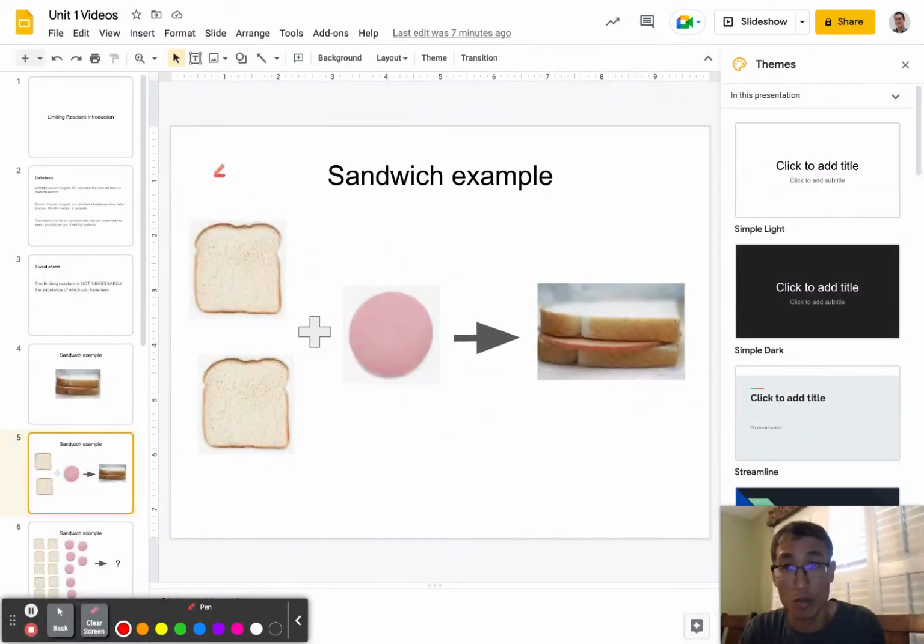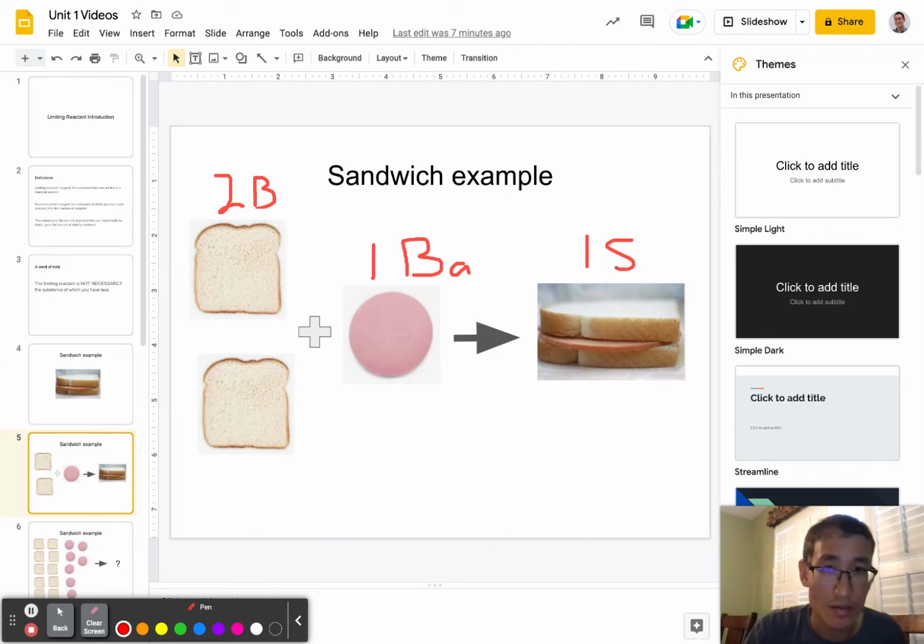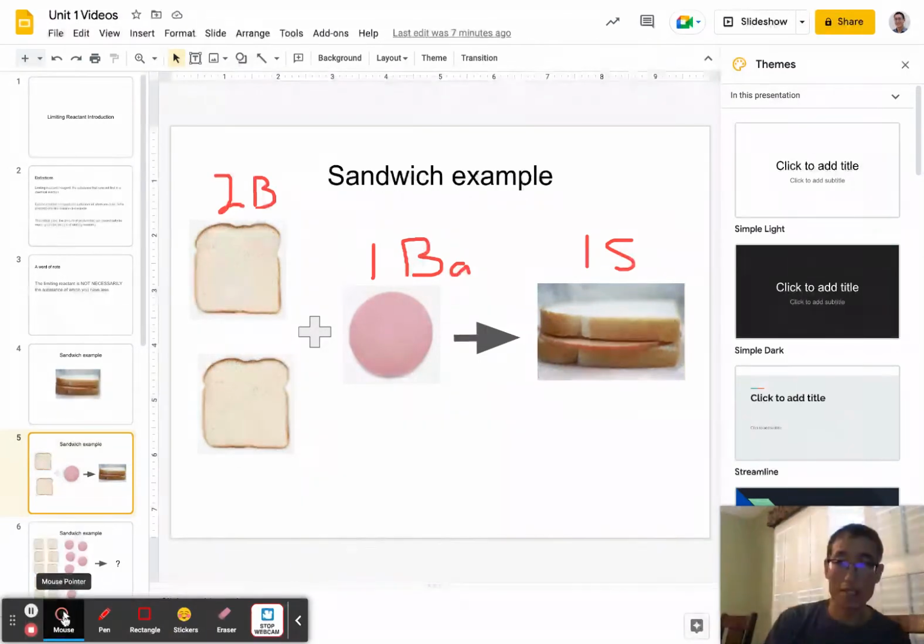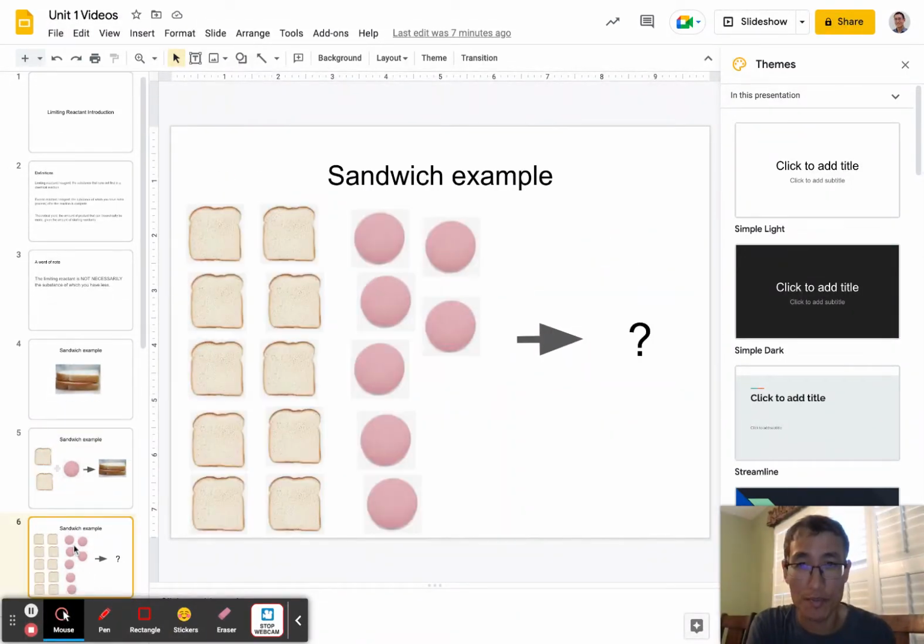So it's 2 B plus 1 BA, I'll put BA for bologna, and that gives me one S, S for sandwich.